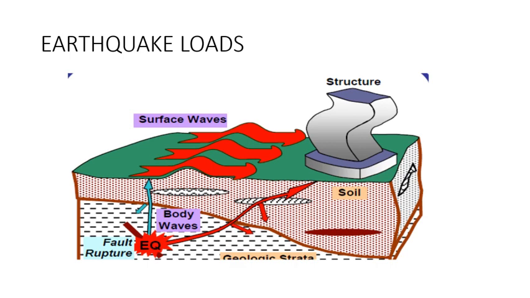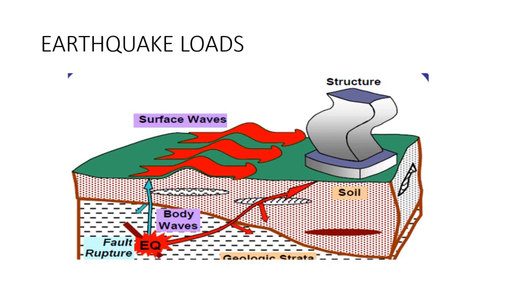Now we have surface waves hitting the structure, and the soil plays a very important role, because sometimes you have very soft soil, sometimes very stiff soil, and in the structure which you can see here, there are some body waves.